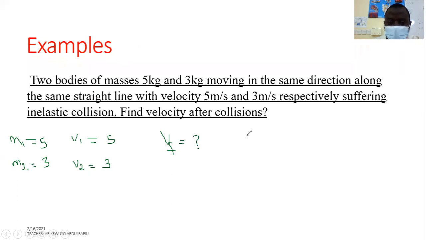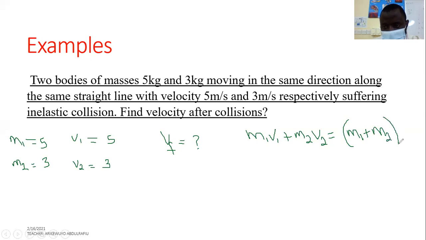Now, the equation is M1 V1 initial plus M2 V2 initial is equals to M1 plus M2 then multiply by V final. In this example, we are looking for the final velocity.